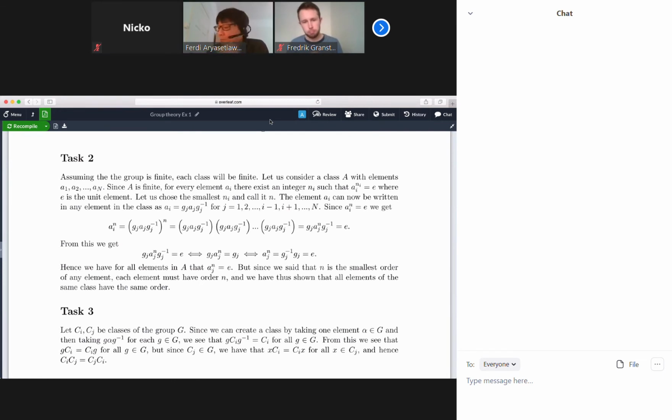Yes, so we want to prove that classes commute, in the sense that we get the same elements if we multiply them from left to right with each other.